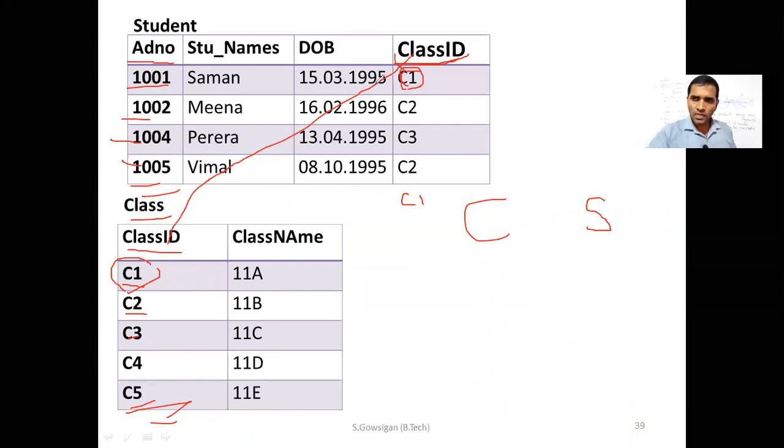But you can't say that Saman is the only person in 11A. There may be another person. If X is in 11A, X's admission number, X's date of birth, C1 there. If there is another student in C1, you have to write C1 again, right? So his date of birth, his name, if it is Y. So class ID should be repeated.